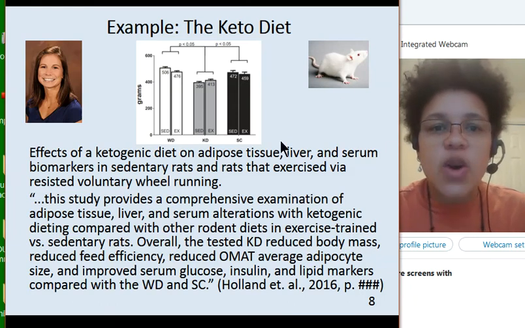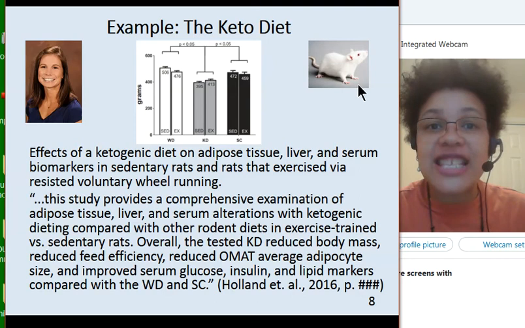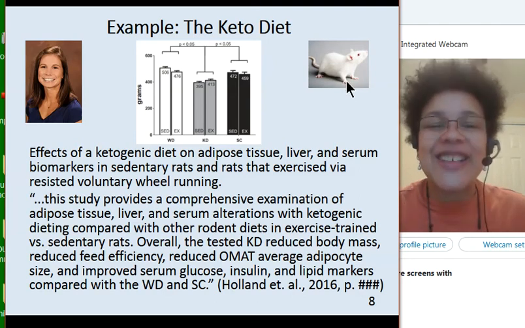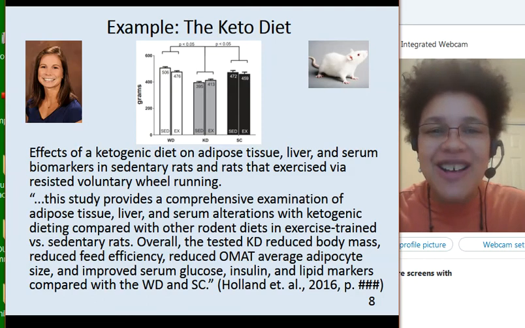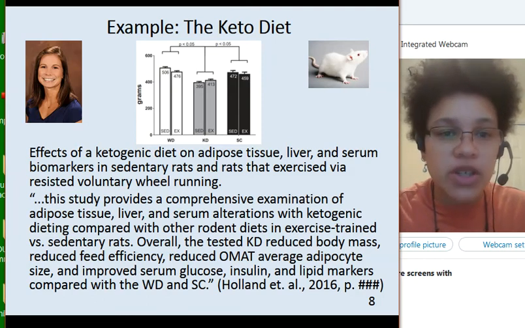So the symbol we're going to use is the rat. The rat study is an example of experimental research.